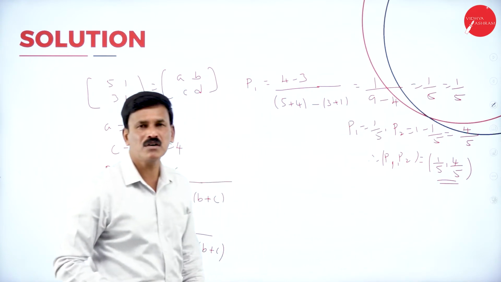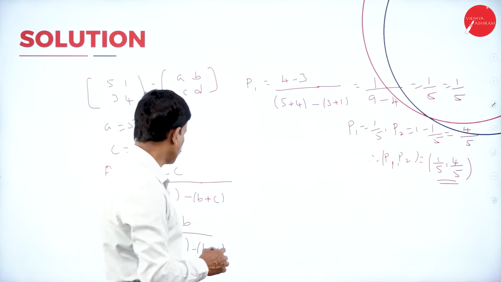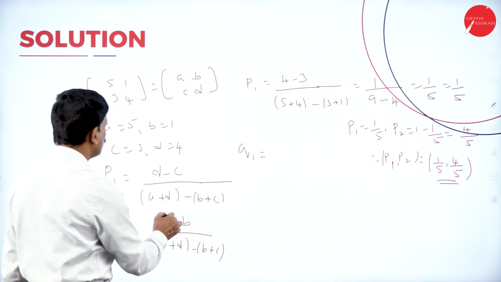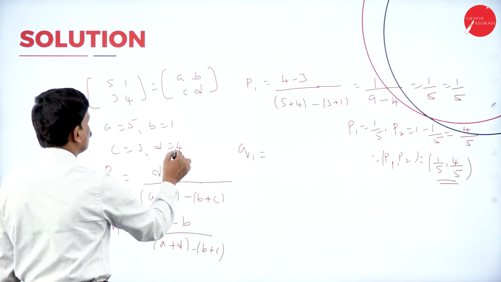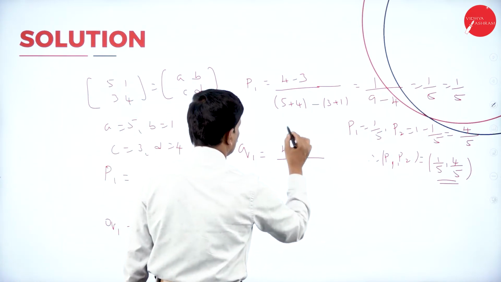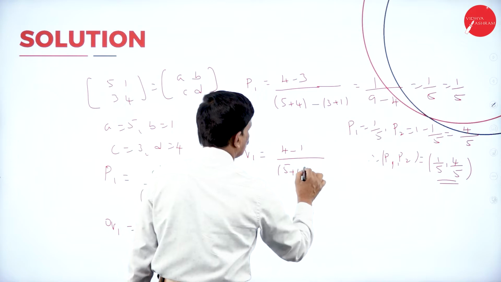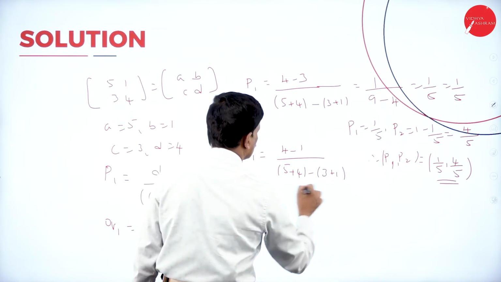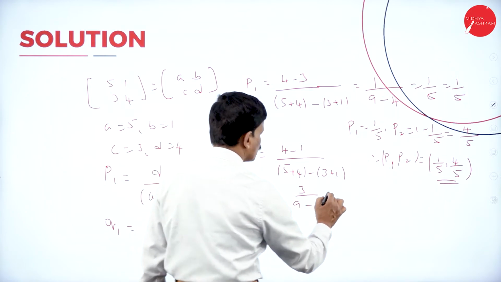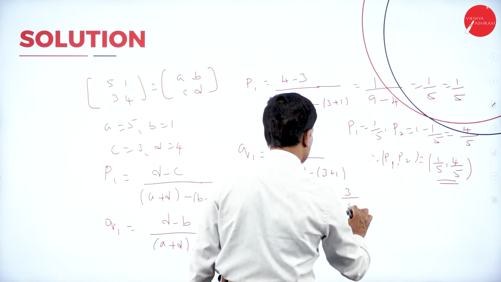Similarly, find out the value of Q1 and Q2. What is the formula for Q1? Q1 is equal to D minus B. D is 4, B is equal to 1. 4 minus 1 divided by the same denominator, 5 plus 4 minus 3 plus 1. So this is equal to 3 divided by 9 minus 4, which is 3 by 5.